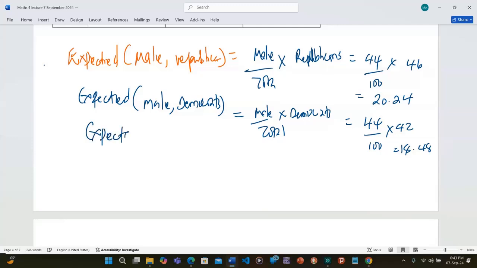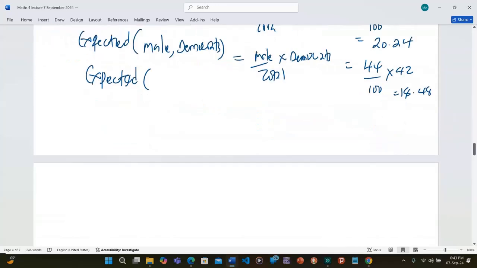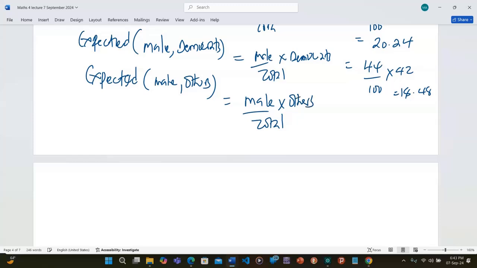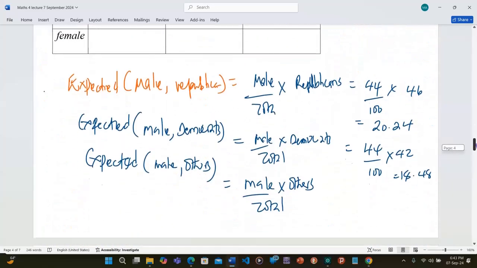Then do the same for others. Expected value for others who are male. So this is going to be male over the total times the total of others, and the total of others is 12.